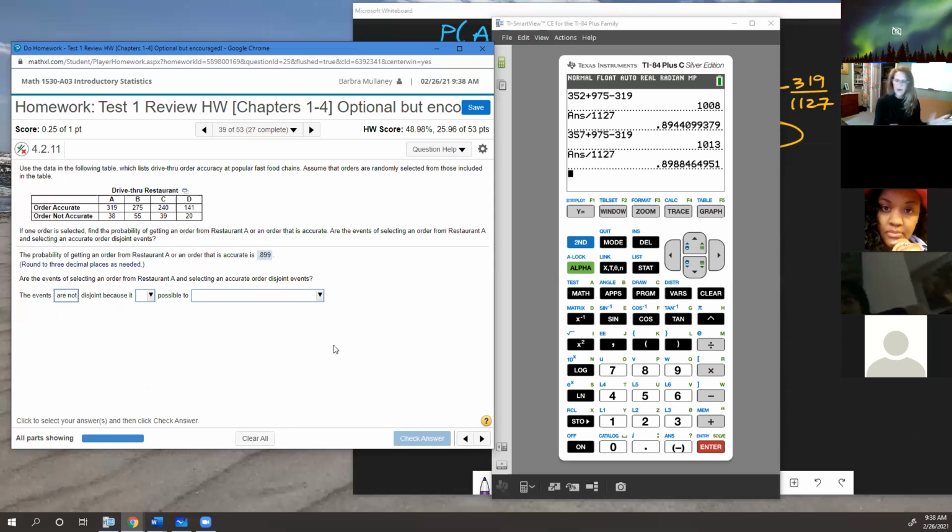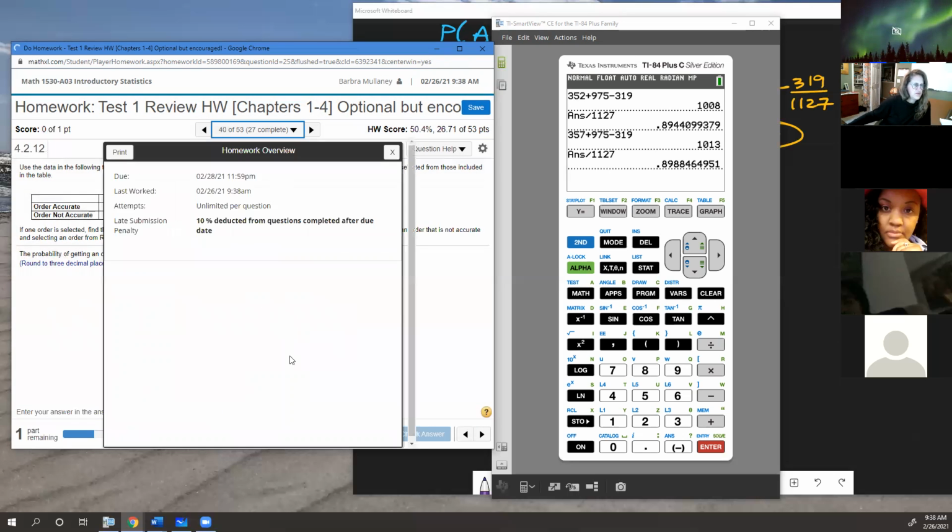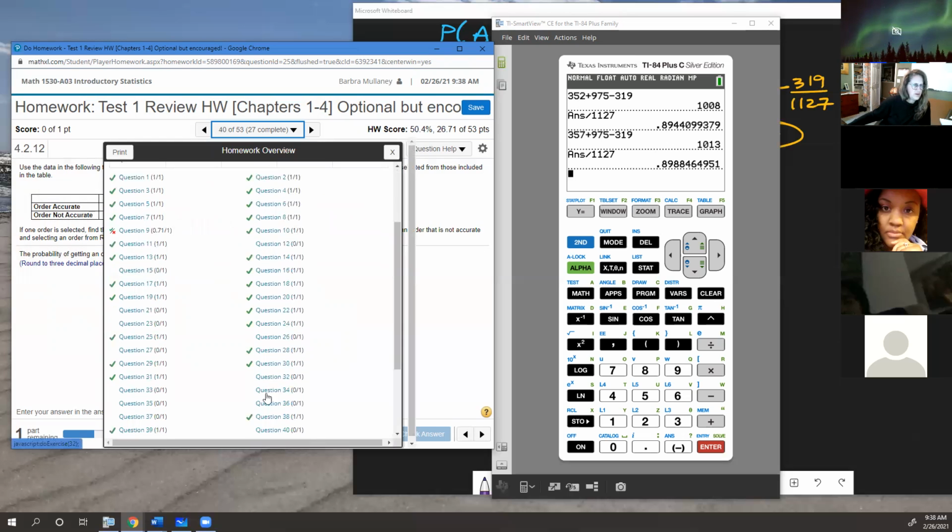They have nothing in common, but they do, right? Getting an accurate order and an order from A, those have some commonalities. So they're not disjoint because it is possible to pick an order from A and one that is also accurate. So let's move to 42.